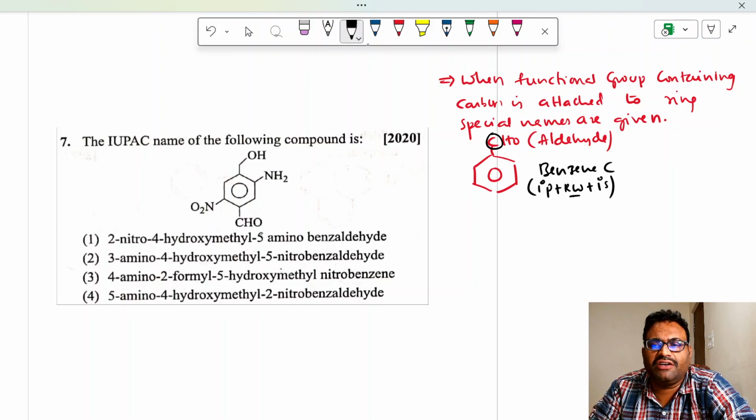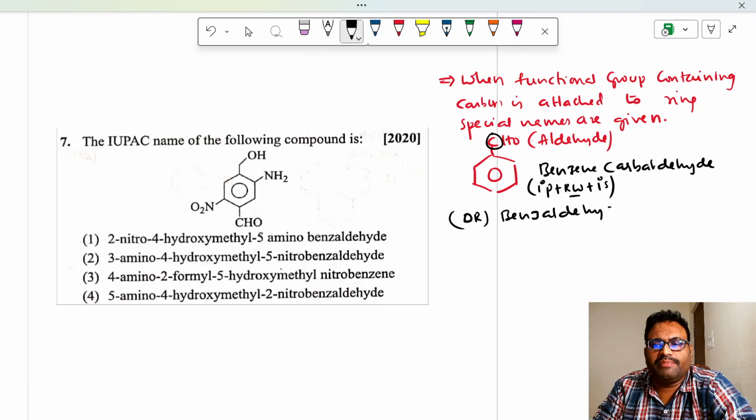What is that? Benzene carbaldehyde, or I can use it as benzaldehyde. Why? Because benzaldehyde is very famous. Commonly it is called benzaldehyde.